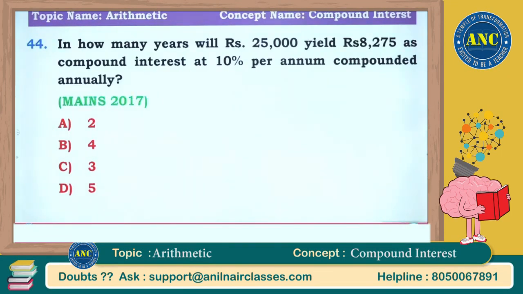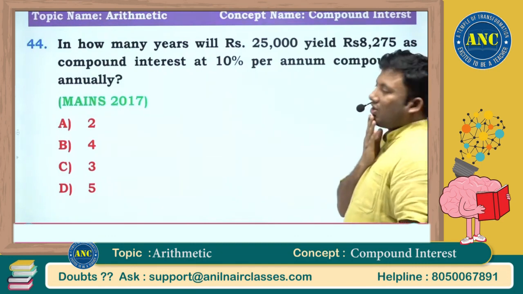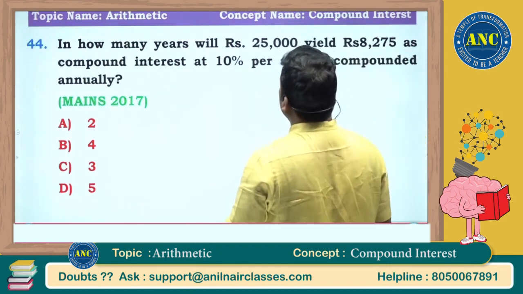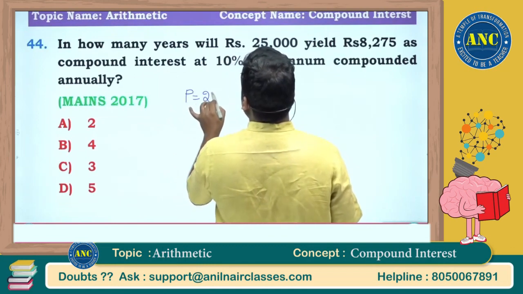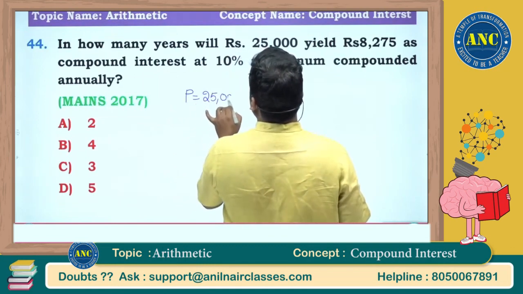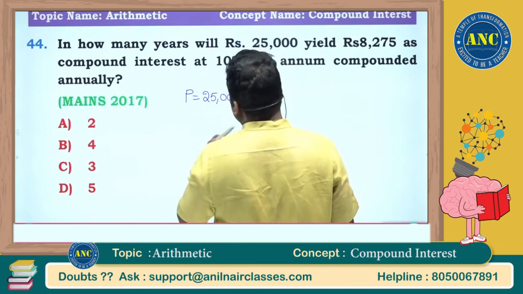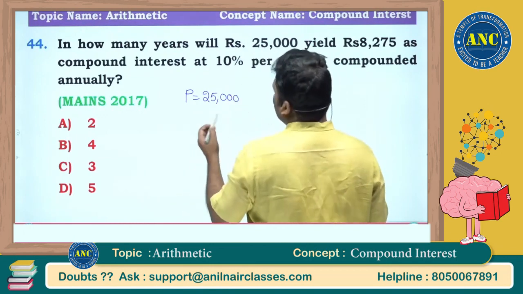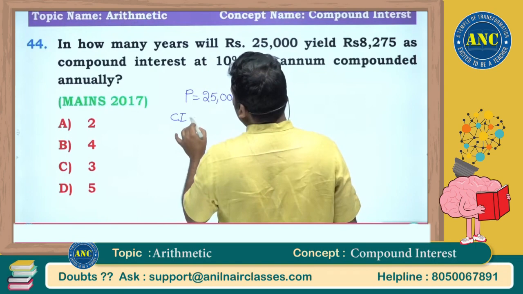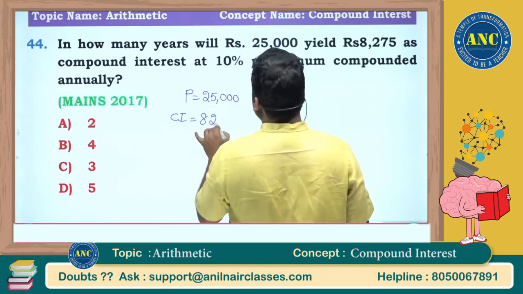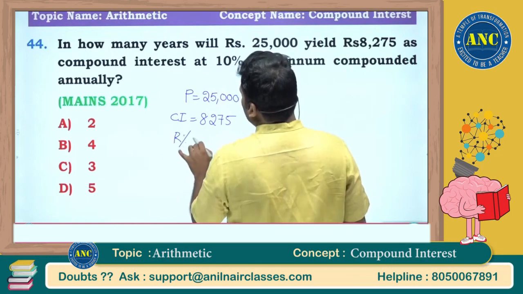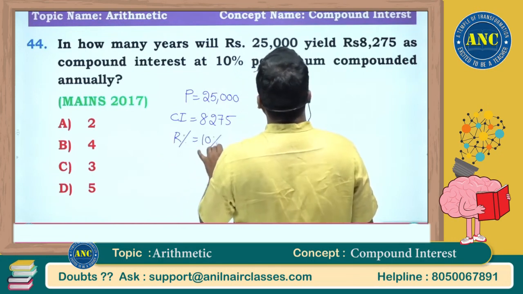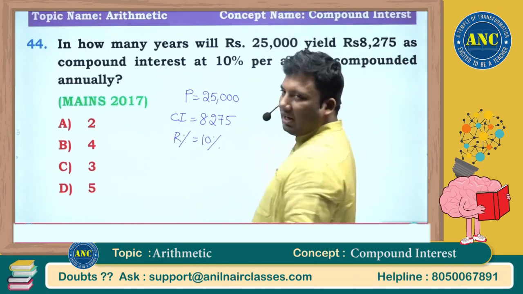Next one. See here, sir. We will understand and solve this question. In how many years will rupees 25,000 kept in a bank yield extra, that is, 8,275, at R percentage 10 percentage?